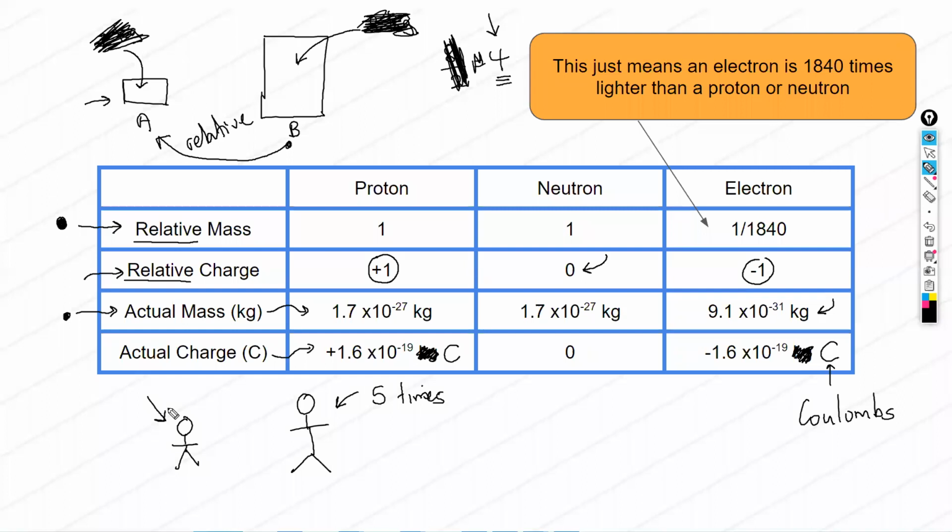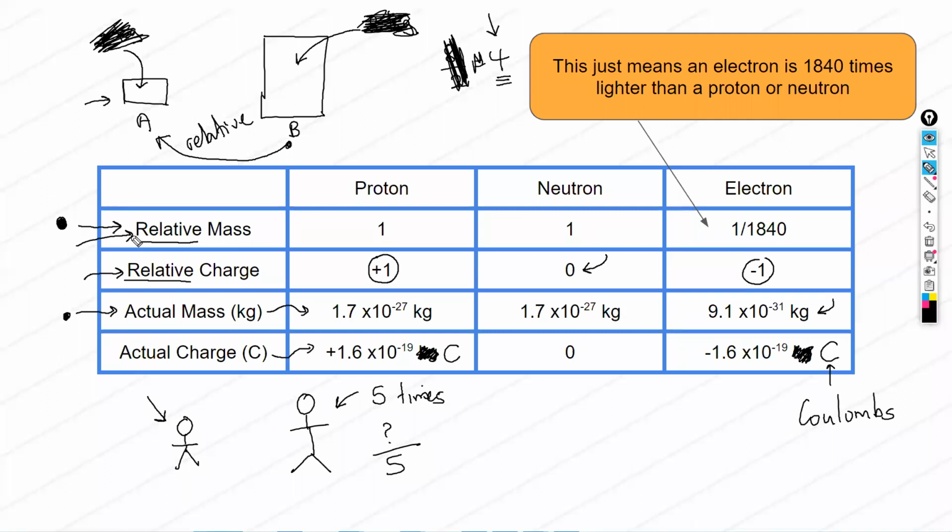There's no way, because you don't know the mass of the big person. So you don't know what to divide it by. You have to take whatever his mass is, which we don't know, and divide it by 5 to get back the mass of the smaller person. Okay? So whenever you use the word relative, you don't know the actual masses.